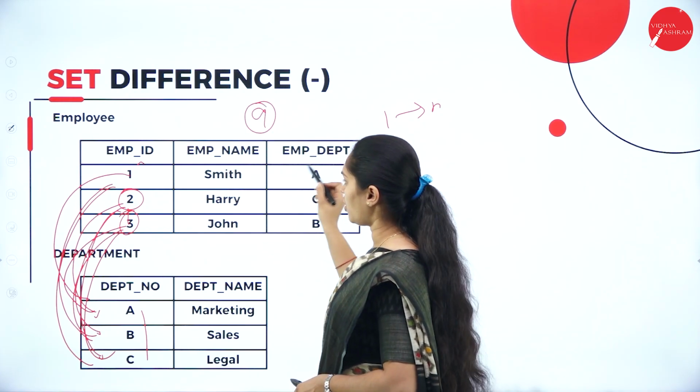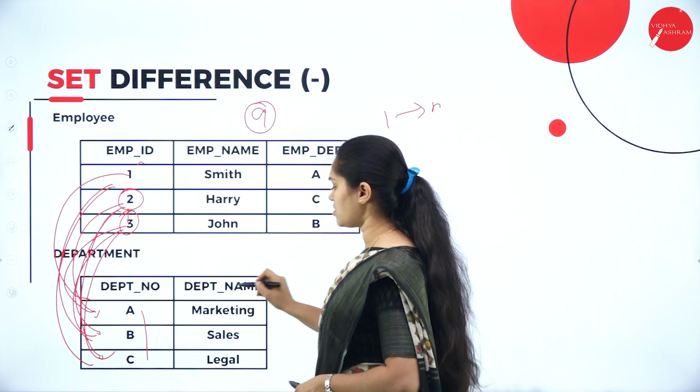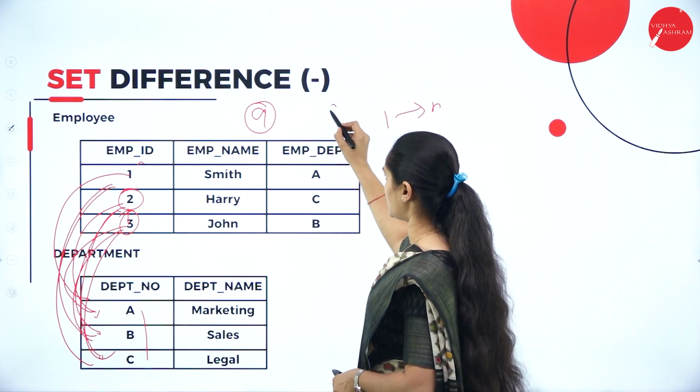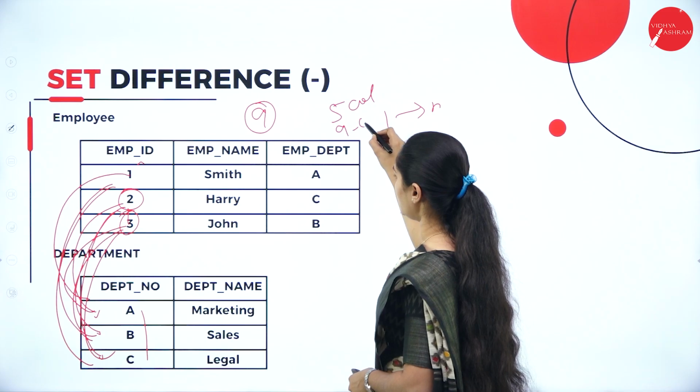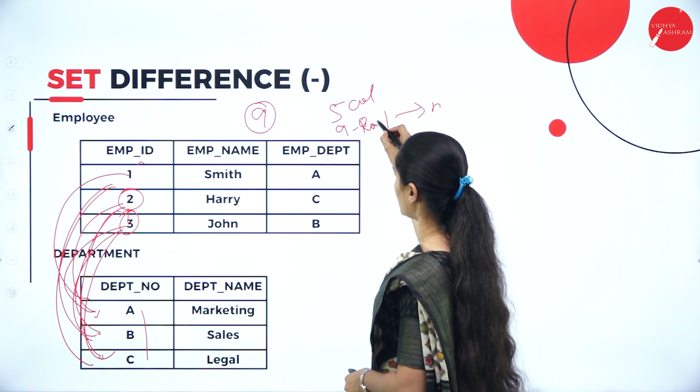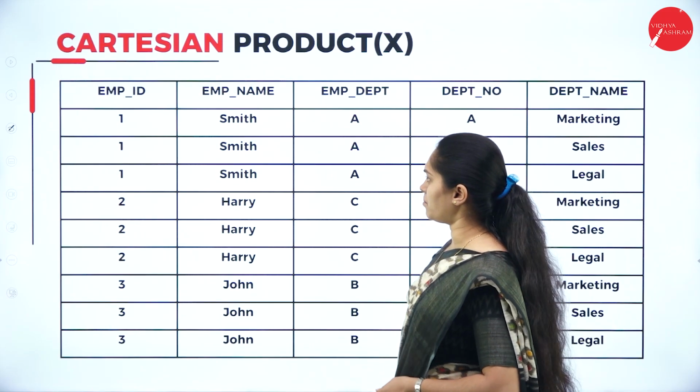But how many columns? Here we have 3 columns, here we have 2 columns. So 3 plus 2, we will get 5 columns, and also we will get 9 rows as output. You can see the example here.